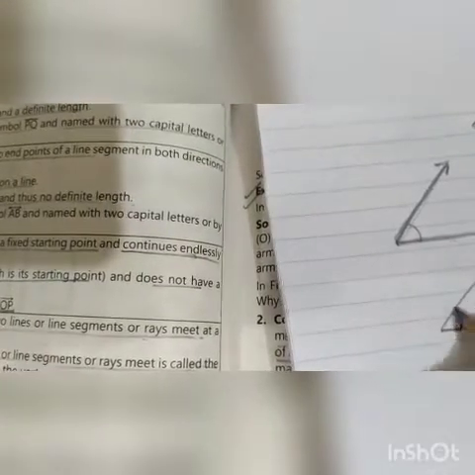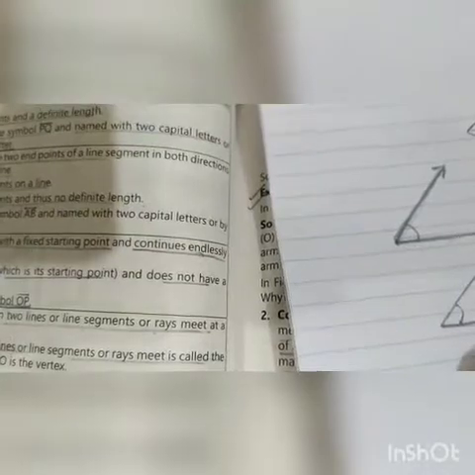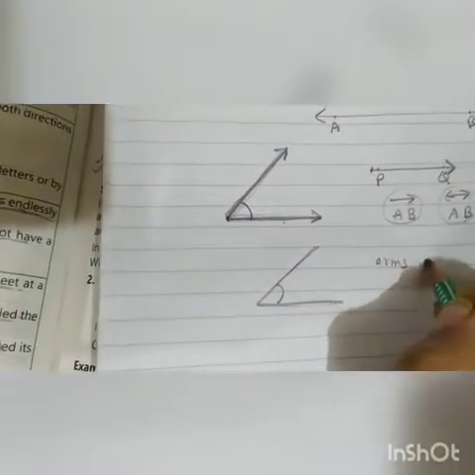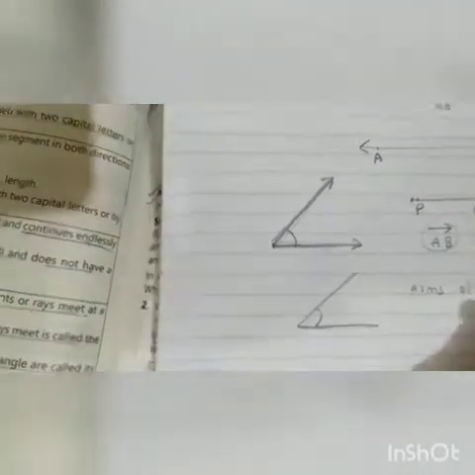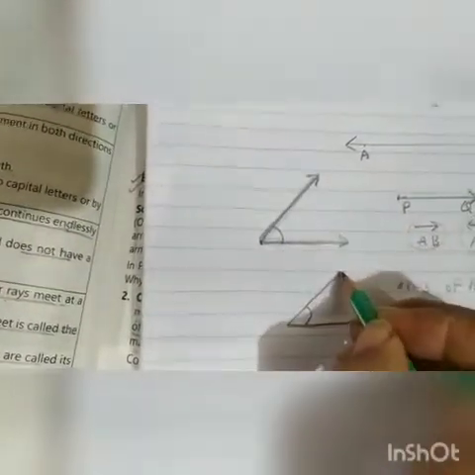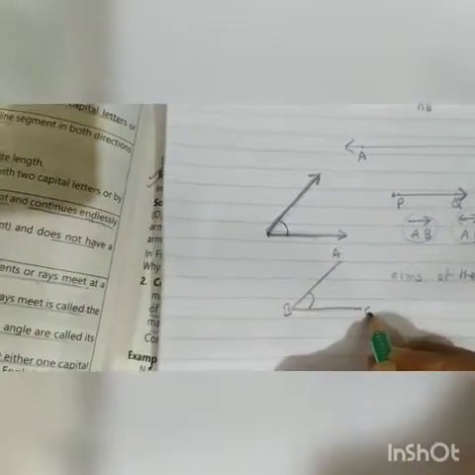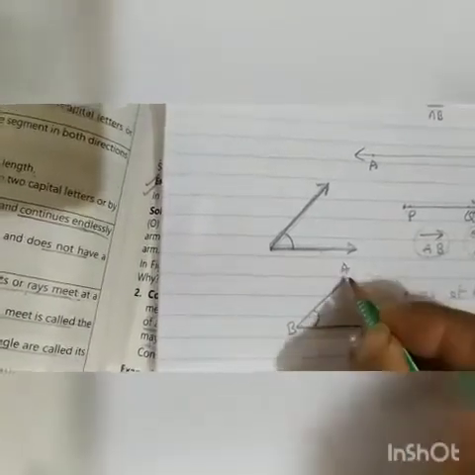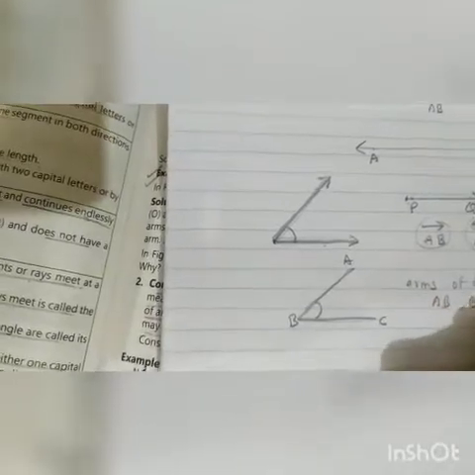So these line segments or rays are known as the arms of the angle. If I am writing A, B, C, then the names of the arms will be AB and BC. These are the arms.